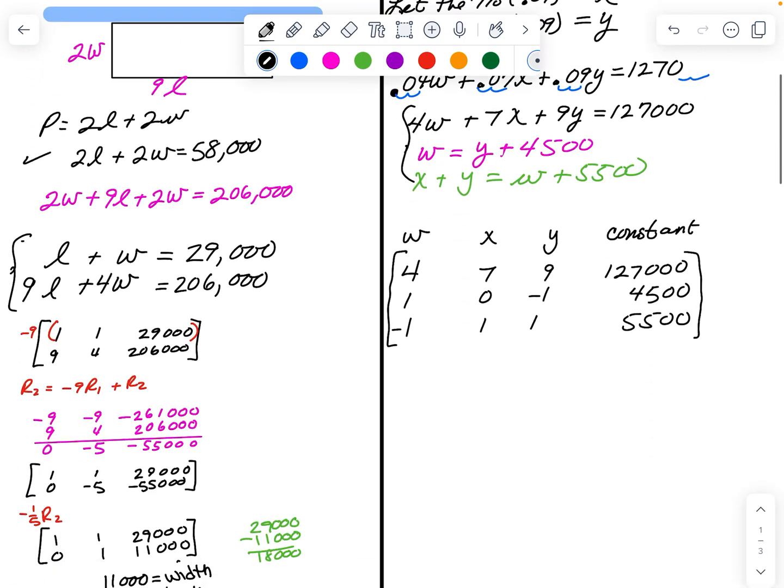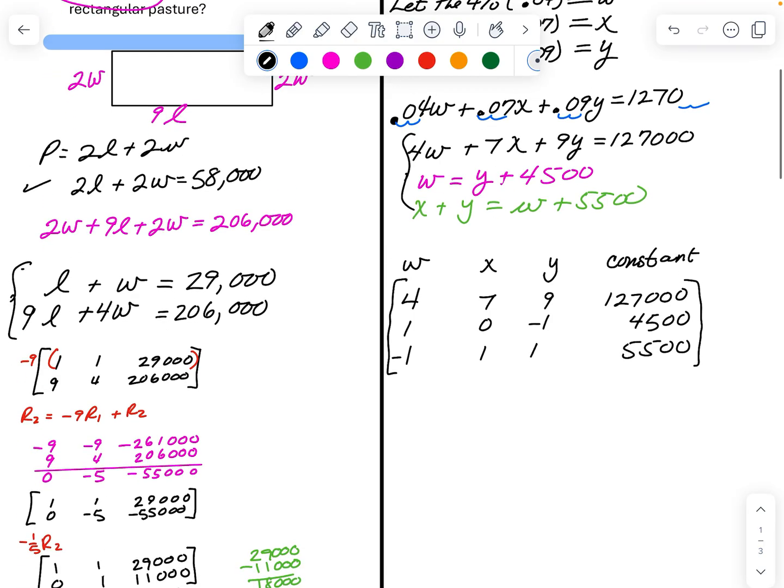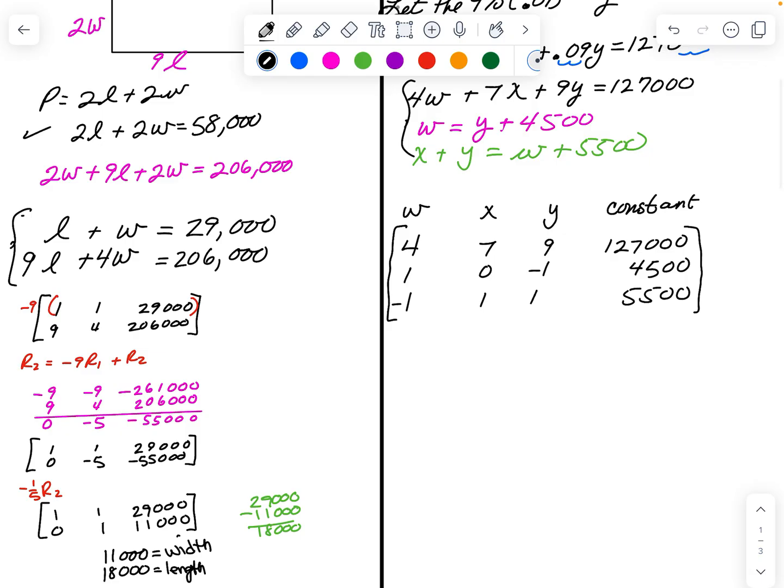With this one, I think I would switch row 2 and row 1. So I don't think I need to put this.